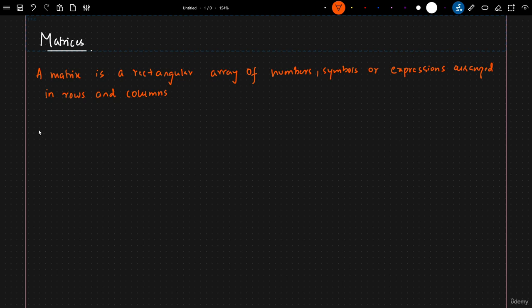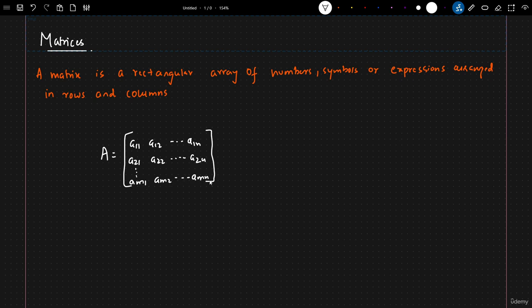So if I talk about a matrix, we usually denote it by a capital letter, and let's say the capital letter is A. Let me just go ahead and create a matrix. So here I will write A is equal to, a matrix is nothing but a group of vectors, okay. So I can write A11, A12 like this up to A1n, similarly A21, A22, A2n, and like this we will be going, and here I will write Am1, Am2, Amn, okay.